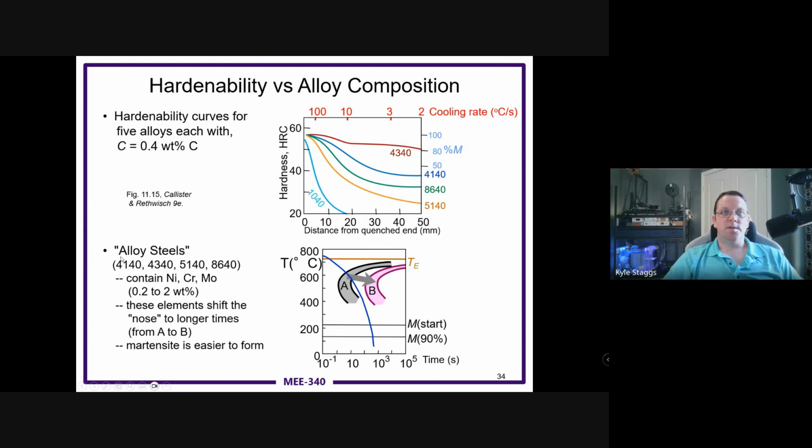The alloy steels, so a lot more chrome, a lot more molybdenum and nickel. They shift where the nose happens. So they shift where the pearlite begins to form. Martensite's still at the same temperature, but in terms of the time it takes to get into that region, they allow martensite to be easier to form by making it harder for it to form pearlite.